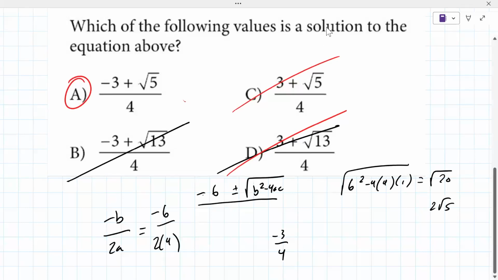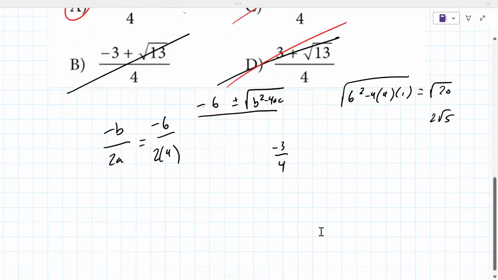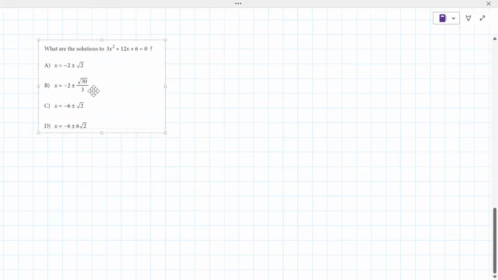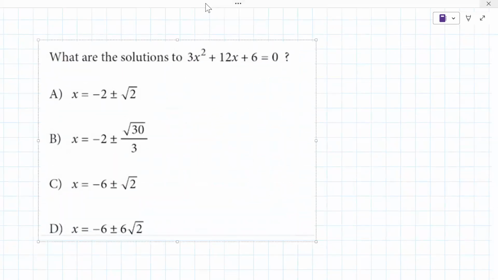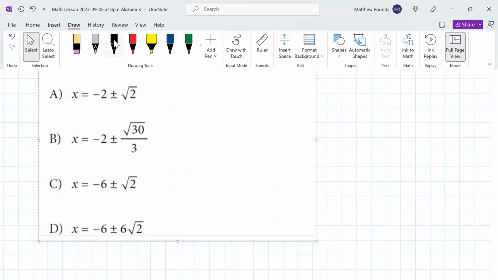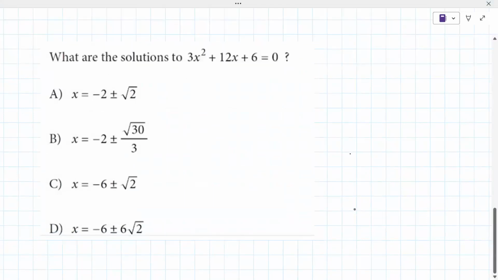Good job on that. Let's look at this problem here together. So this has the appearance of another quadratic formula. Would you kind of agree with that, the way this is written? Yeah. Okay.